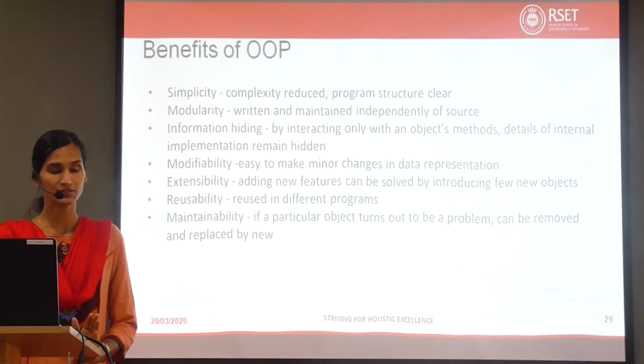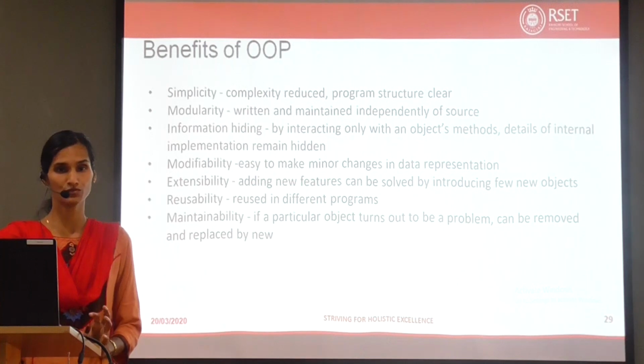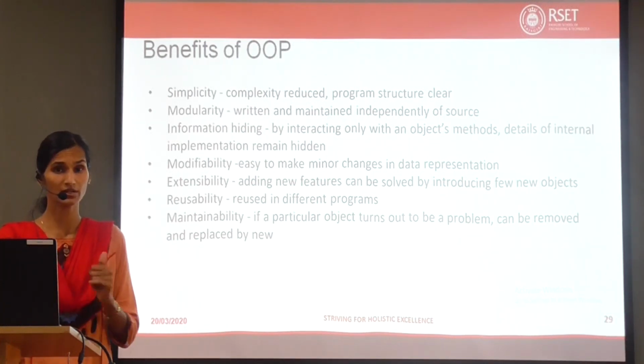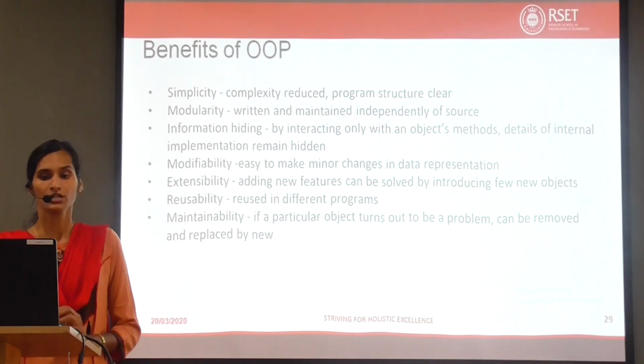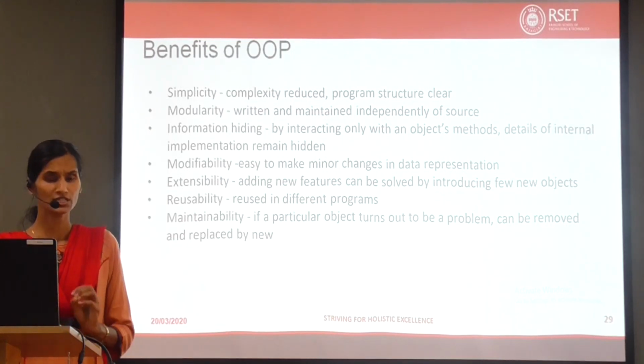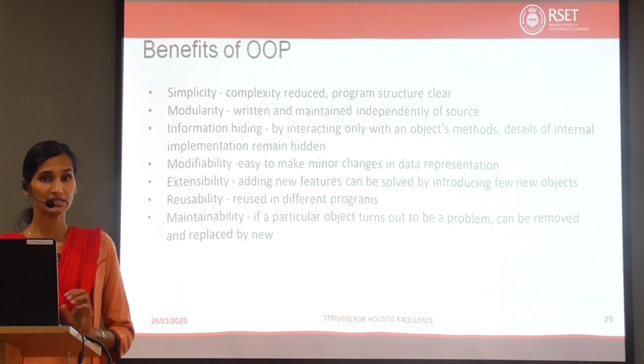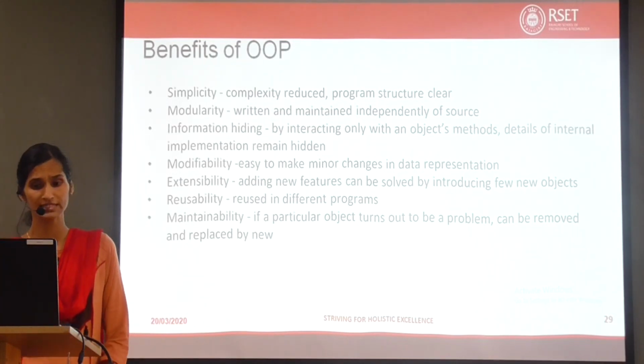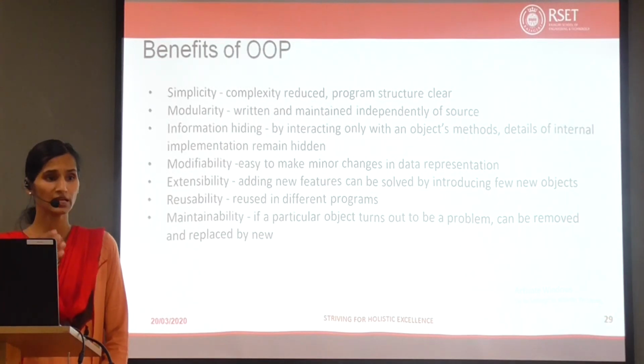Information hiding, as we saw that different parts of the class are hidden, so the information is not simply roaming around and getting corrupted. Modifiability, that is, it is easy to make minor changes to the data representation. Extensibility, that is, you can always extend new features, plug new classes into the program and extend it instead of writing the entire program differently.